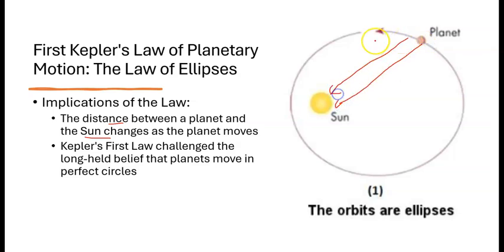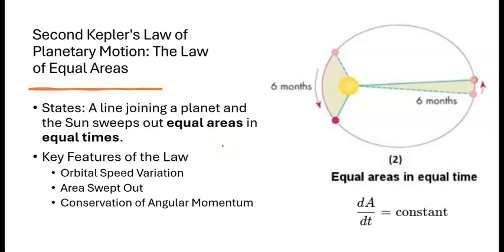Every time it moves it does not have the same distance, so the distance keeps changing as it moves around the sun. This first Kepler's law challenged the long-held belief that planets move in perfect circles.